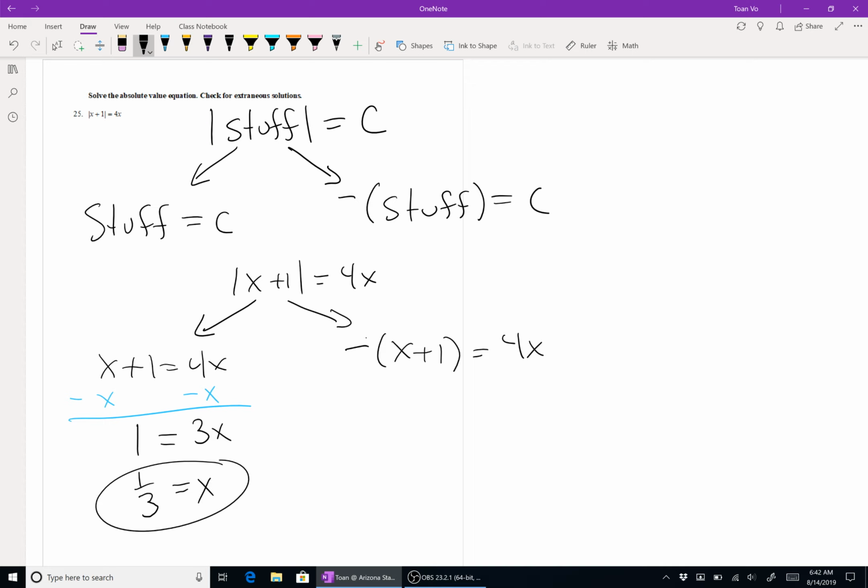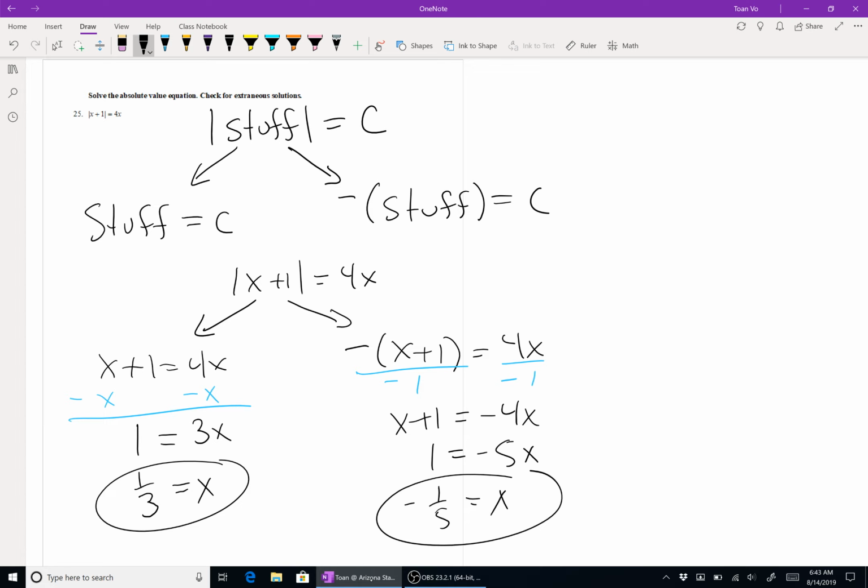Over here, some students like to distribute the negative. I like to divide out the negative. Either way is perfectly fine. You get x plus 1 equals negative 4x, and then you subtract the x, and then divide out the 5.